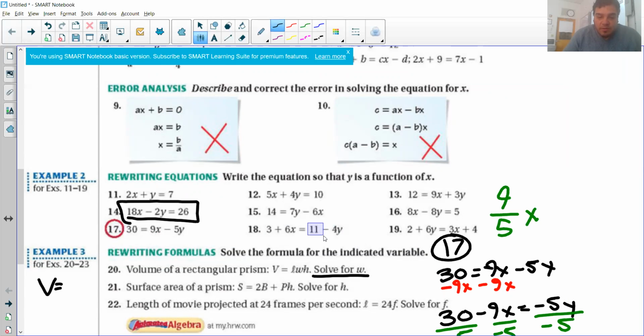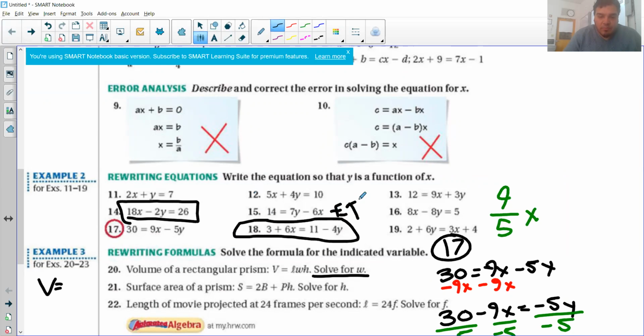Notice that when you subtract 11 on both sides, you might be able to actually combine something. But you guys are going to do number 18 over here. That's your exit ticket.